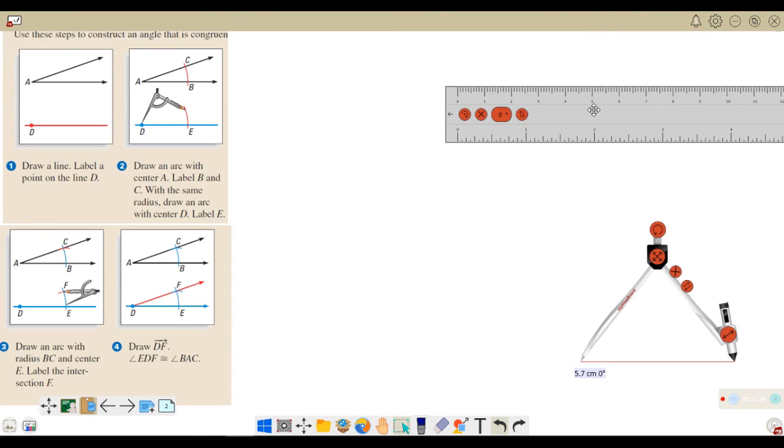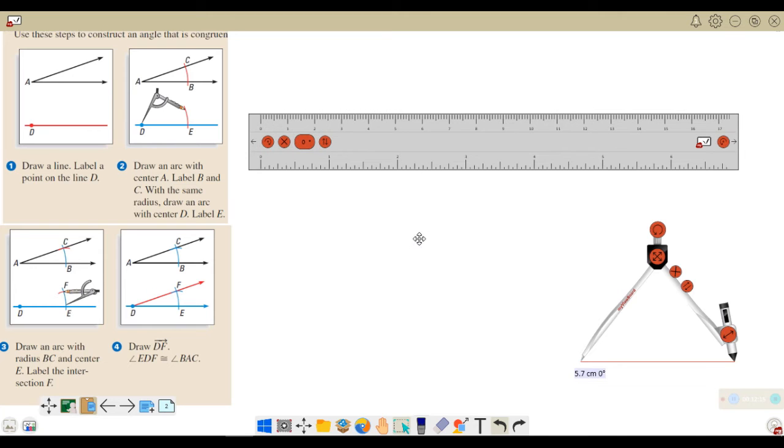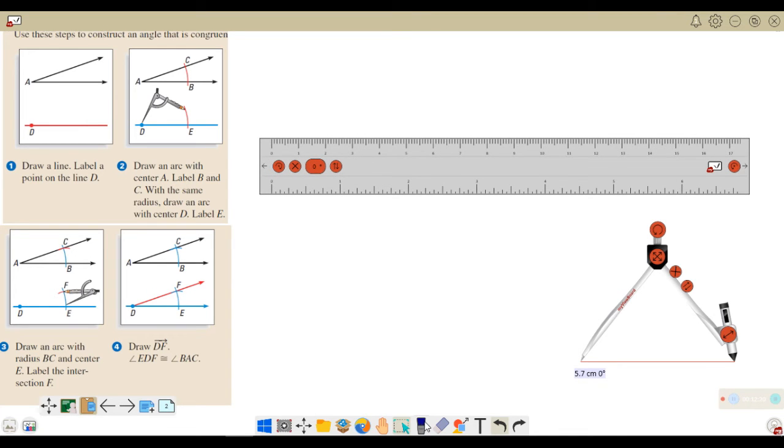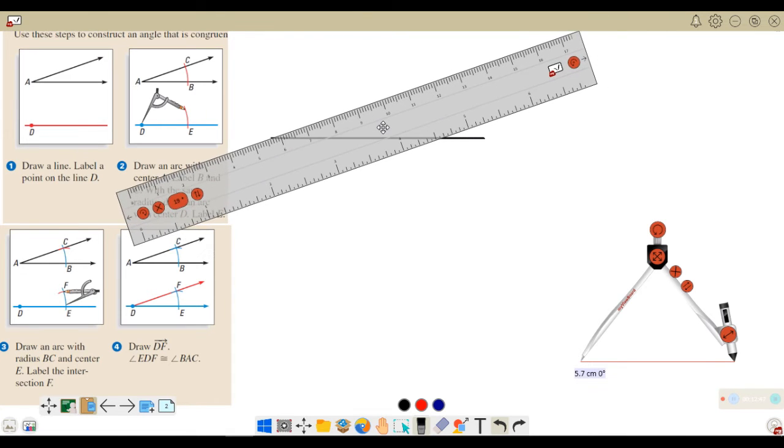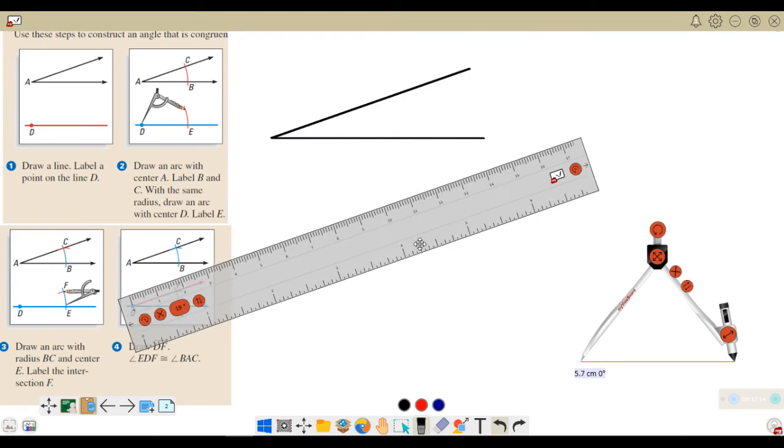Okay, drawing tayo ng angle na gagayahin natin. Okay.